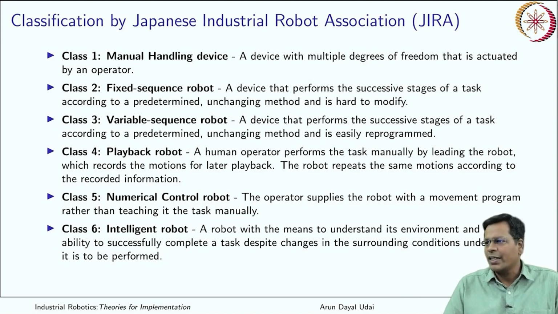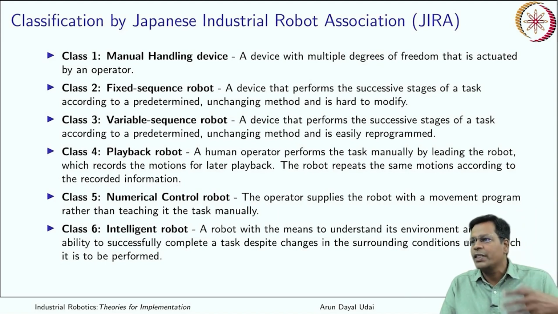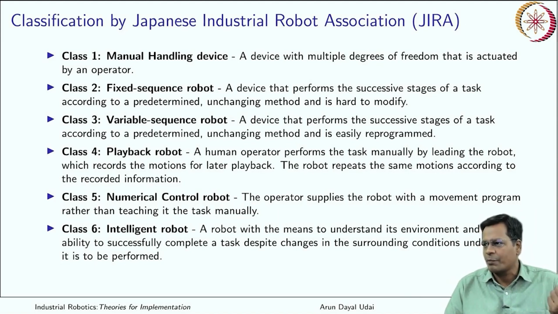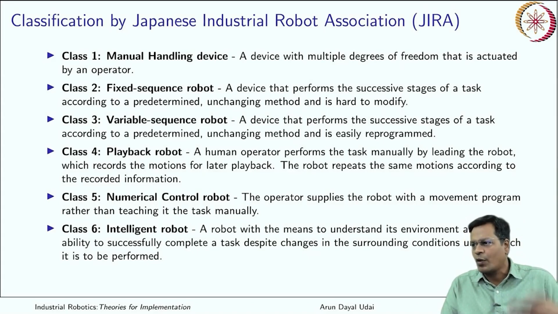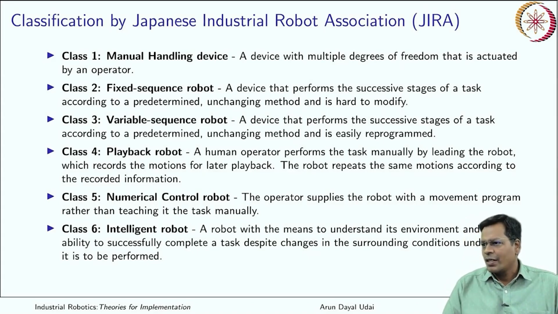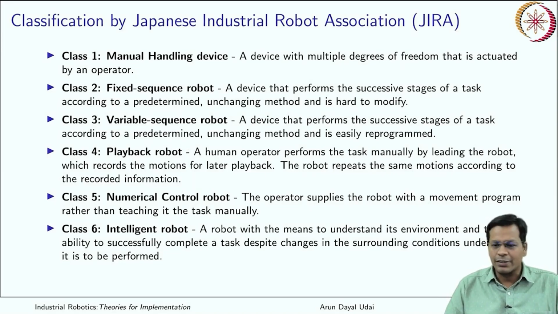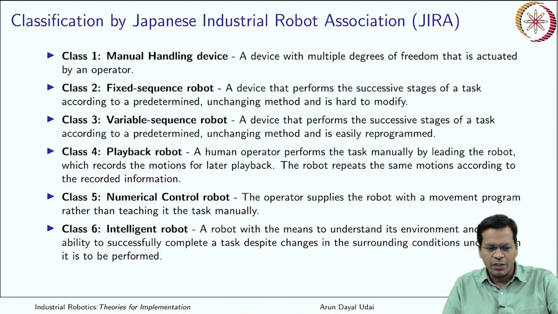Now the picture of a completely intelligent robot has come in. It can not just do the task for which it is programmed, it can understand the environment and any changes, and it is ruggedized to work despite any surrounding changes. So that is class 6.